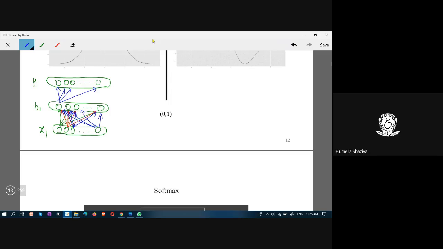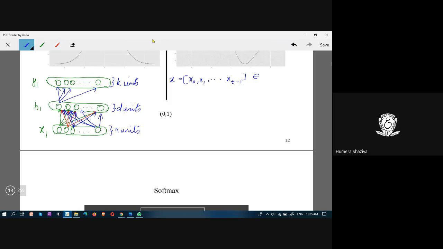Consider that these are n nodes, n units, and these are d units, and these are k units. Then what will X be equal to? X is equal to x0, x1, and so on up to x sub t minus 1.